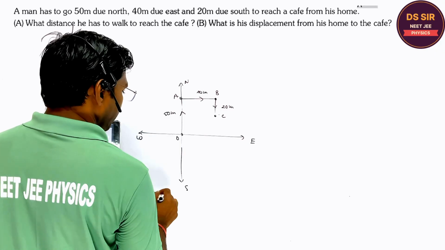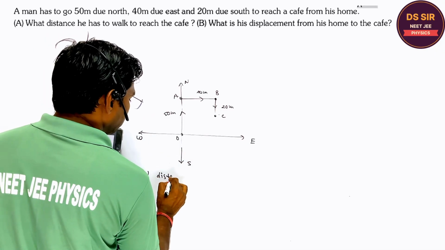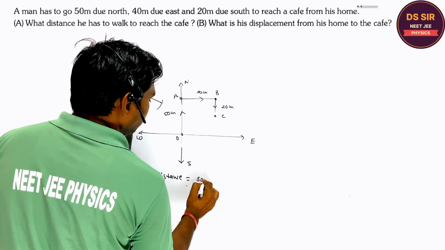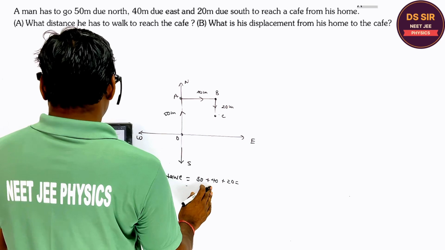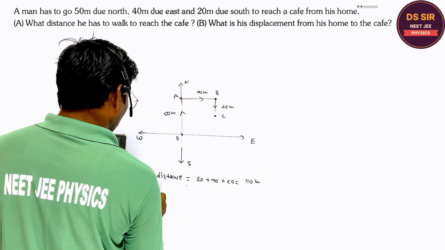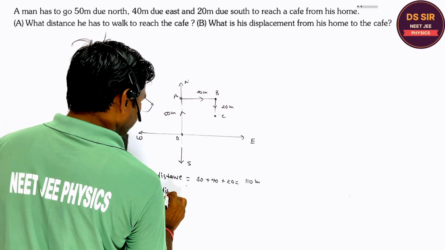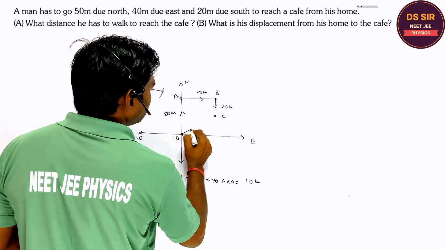And this is the home, from here to home. So, part A: what is the distance? Very good. 50 plus 40 plus 20 is equal to how much? 110 meter. And what about the displacement? The line joining the initial to the final position.